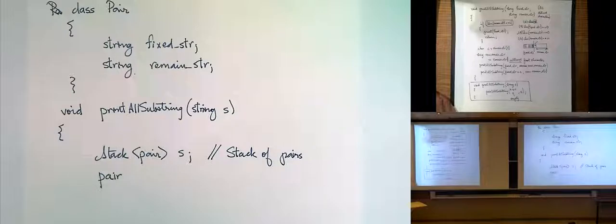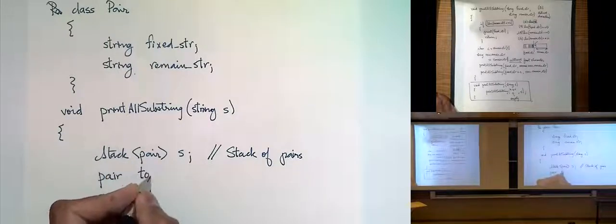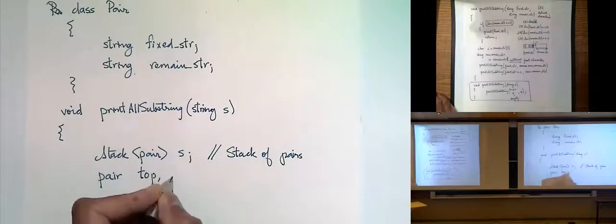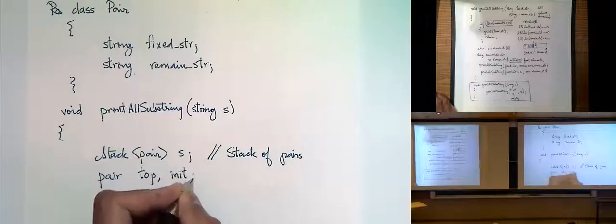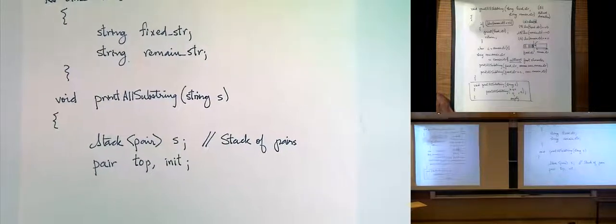Okay, so I'm going to create a couple of pairs that I'm just going to call the top and the initial part of the string. So what is the initial? That's the first thing that you push on the stack, which is the root call.